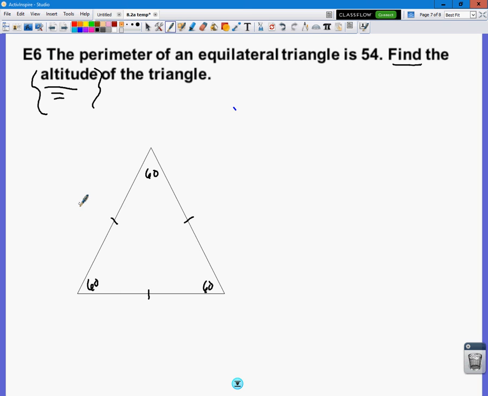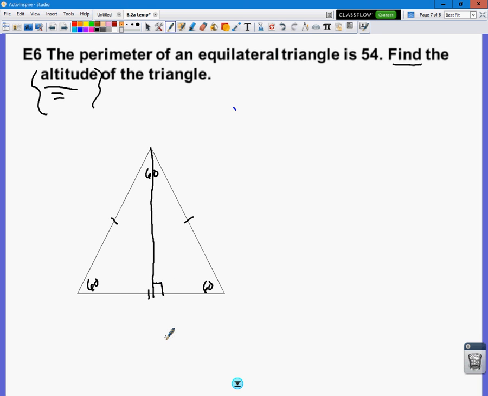What is an altitude? It connects the vertex to the opposite side so that it forms a 90-degree angle or a right angle.